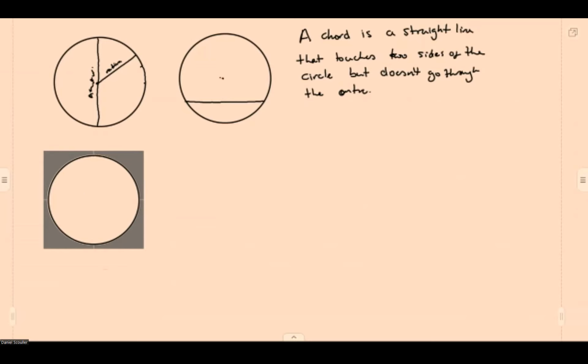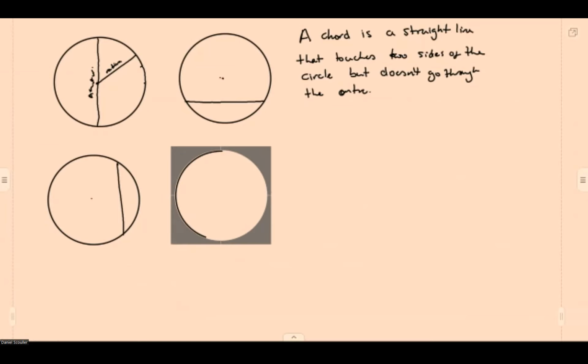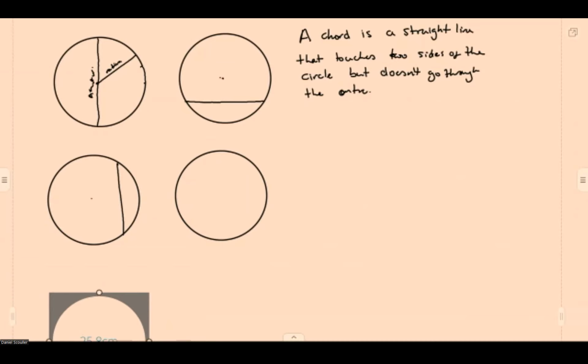Straight line, side to side, but doesn't go through the middle. Straight line, side to side, but doesn't go near the middle. All of those are chords.